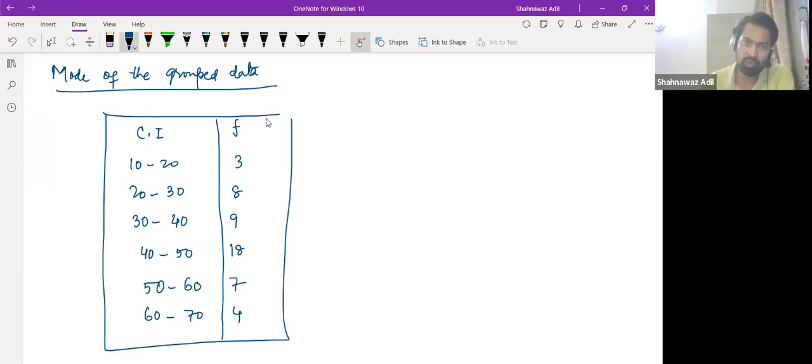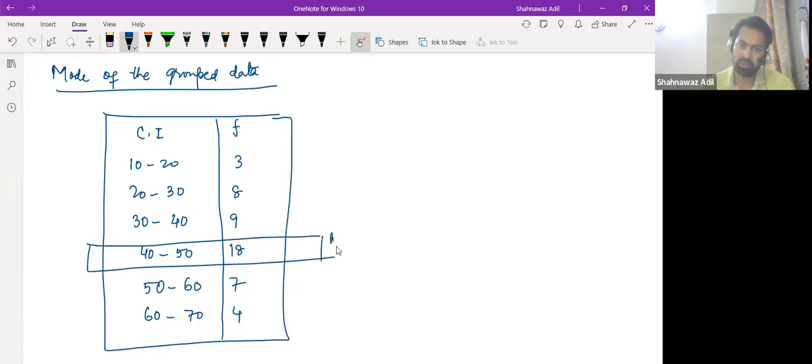Okay. So what is the maximum frequency in this data? It is 18, right? So this will be called the modal class, and this frequency will be called F1, right?